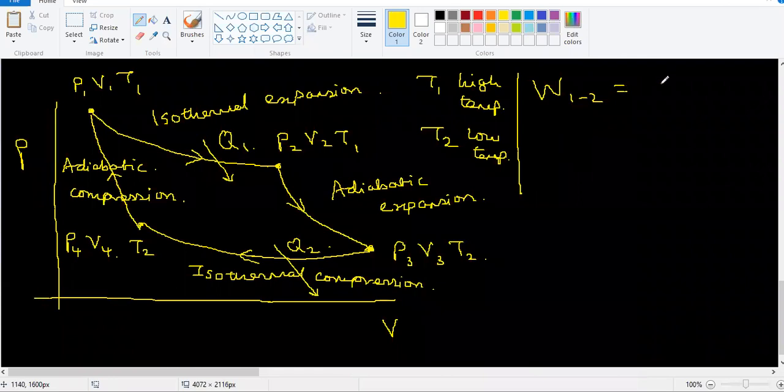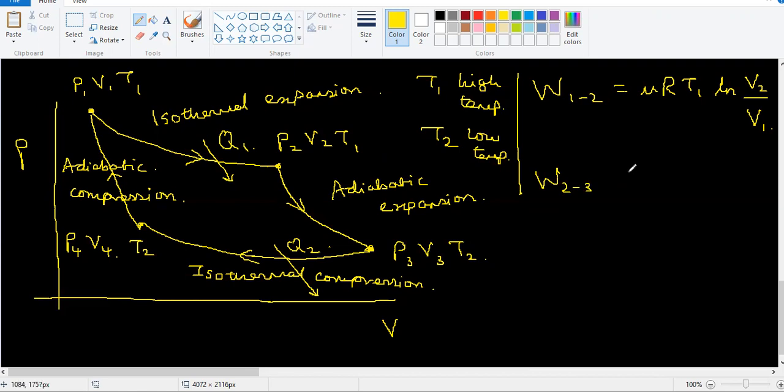W12 equals mu R T1 ln V2 by V1. So this is isothermal expansion. The second one is 2 to 3. This is adiabatic expansion.